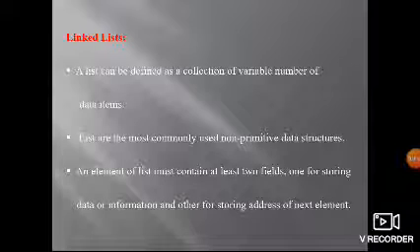Coming to the linked list, a linked list is a collection of variables, and you can collect a number of data types. A collection of elements is called a list, or a node. We have two fields: one for storing the data or information, and another for storing the address of the next element.